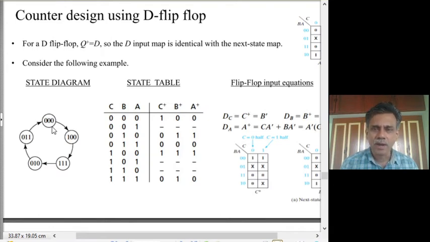So the states are encoded using state variables, that is 3 bits. We'll start with a state denoted as 000 and go to a state denoted as 100, then 111, then 010, then 011, and then 000. So this is how the machine goes.